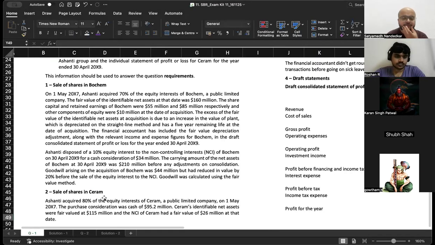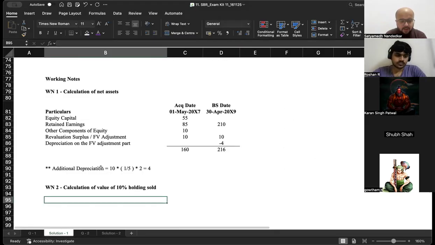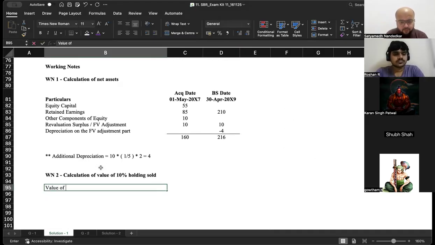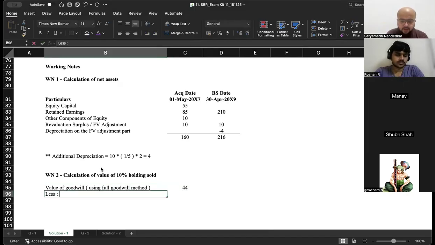Okay. Now, in this case, the company had a goodwill of how much? And the company uses fair value to calculate the goodwill, which means this is a full goodwill method. Correct. That means your NCI is also at fair value and goodwill is also full goodwill. Now, in this case, value of goodwill using full goodwill method is how much? 44 less 20% impairment.